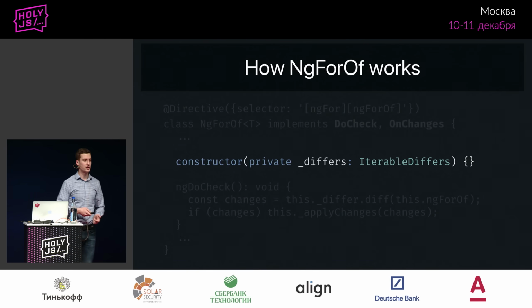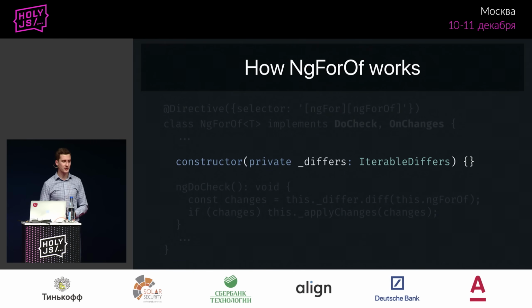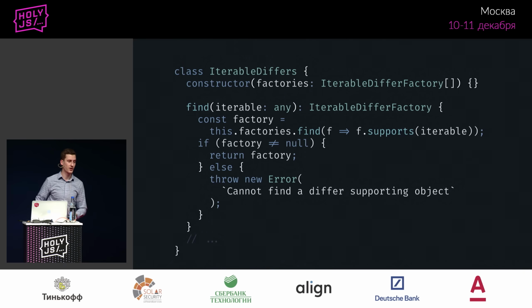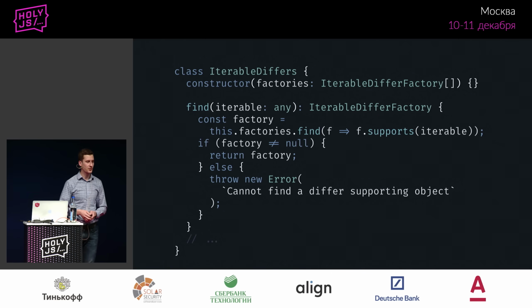It has a constructor which accepts as an argument an object of type IterableDiffers. And here is how the IterableDiffers actually looks. It is just a class with a constructor and a find method. In the constructor, it accepts a collection of IterableDifferFactories. And its find method is going to accept as an argument just a collection. Just whatever collection. It could be a binary search tree, or a list, or a map, or whatever.